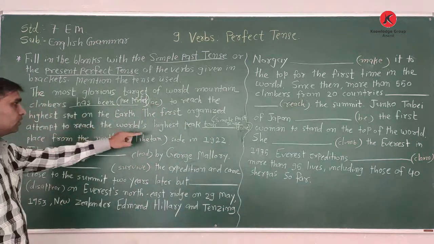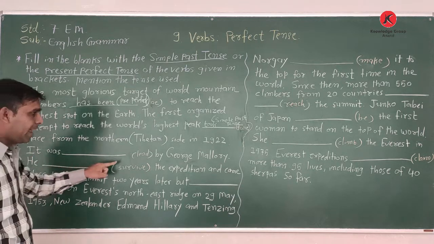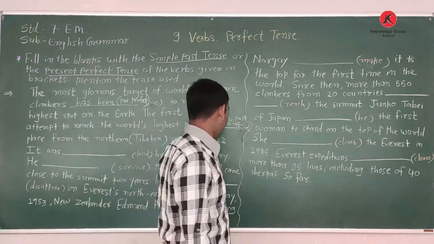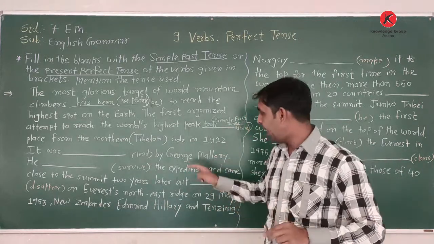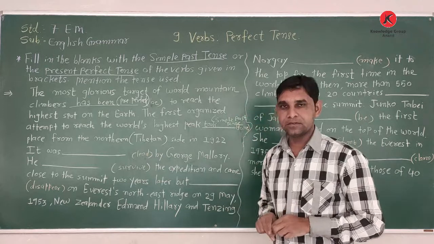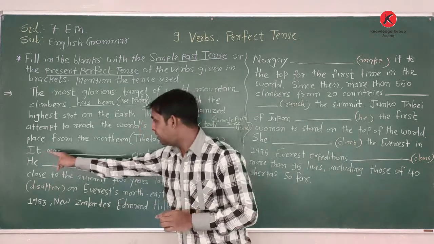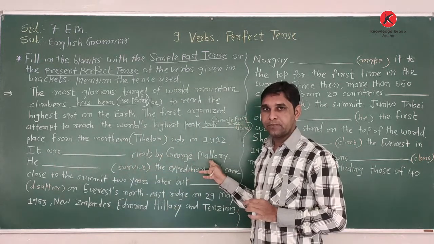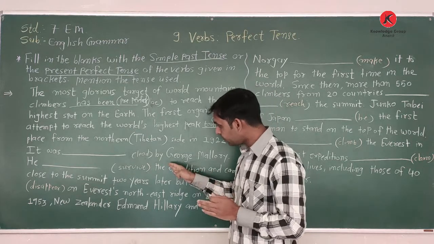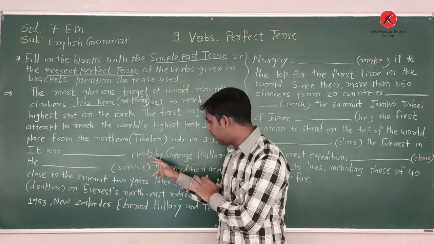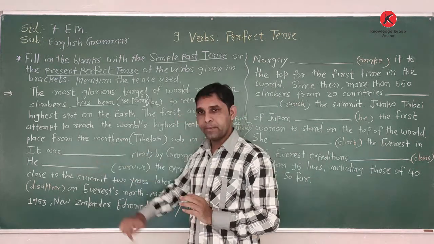Now the third one. Here it was blank by George Mallory, and the verb given is lead. Here the be form was already given, and this sentence is not in active form. This sentence is given in the passive form. Here by is used with George Mallory. The action has been done, a passive structure.